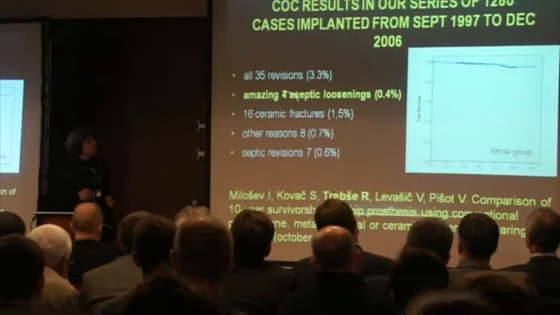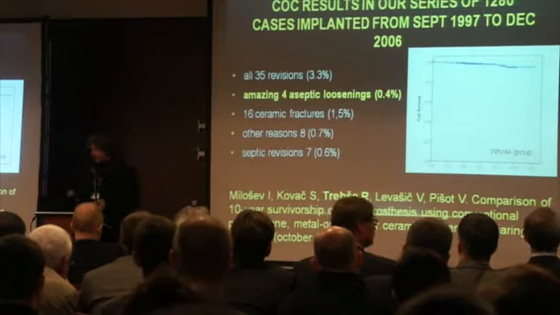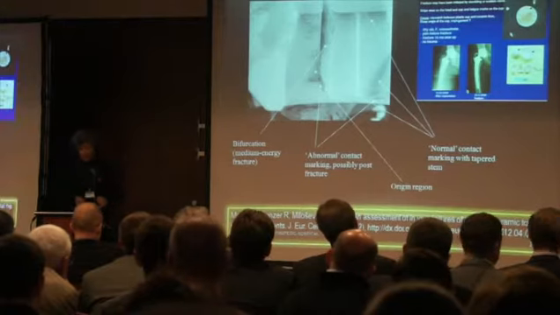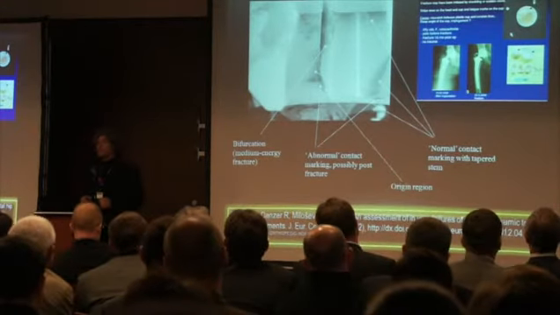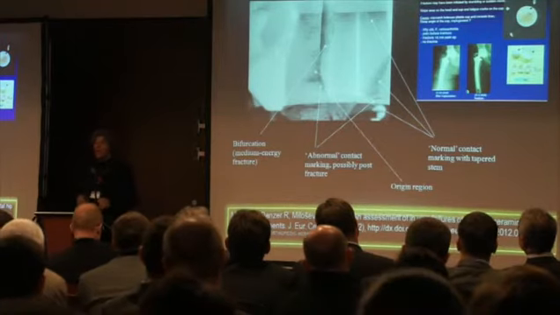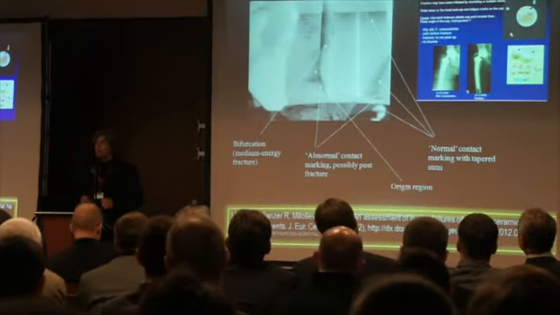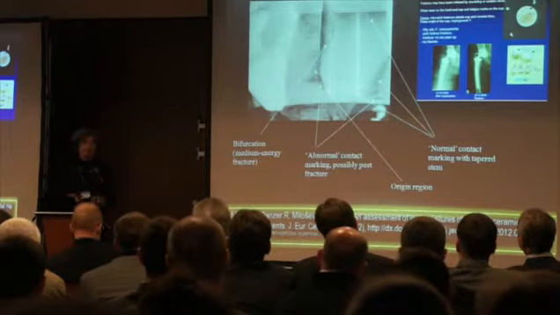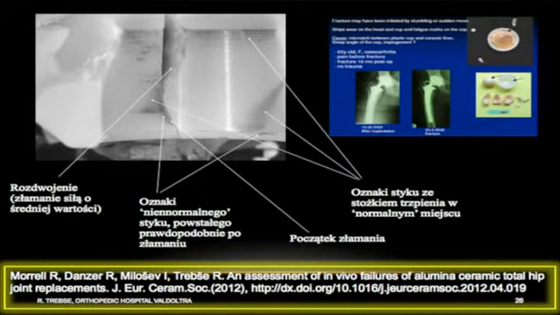But there was a problem with alumina ceramic, and the problem was fractures. We had quite some fractures, and we did a fracture analysis that was published this year, and actually most of the fractures came out to be multifactorial. There was some material-related problem, not on the ceramic side, but on the socket side, but we found a lot of surgical-related problems, so something trapped between the cone and the head and things like that.